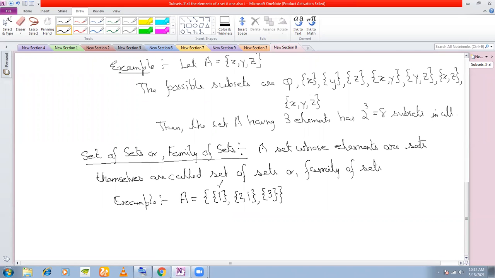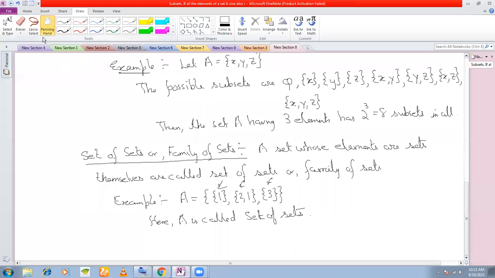How many sets does this set contain? It contains 3 sets. So the set A is called a set of sets. Okay, so family of sets should be clear.